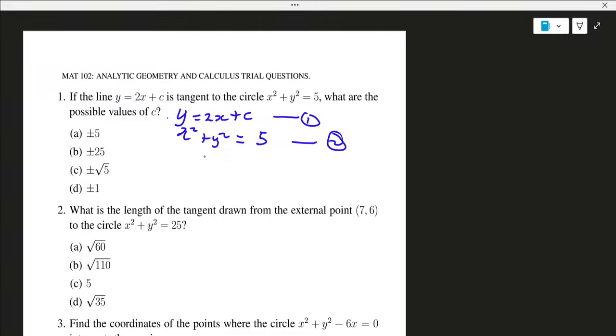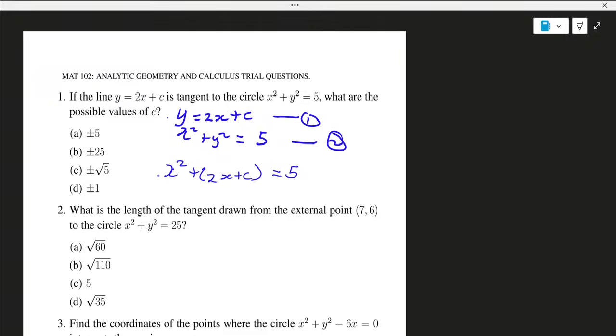Substituting in equation 2, we have x squared plus y squared, so y is 2x plus c, all squared, equal to 5. We can simplify whatever we have here.